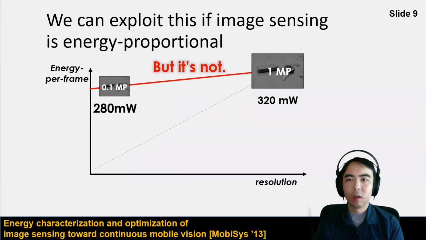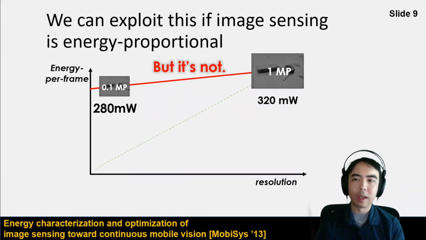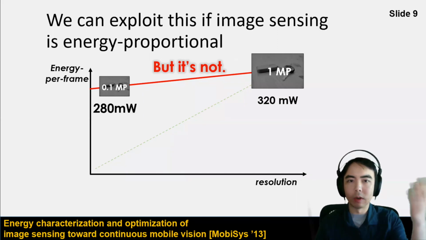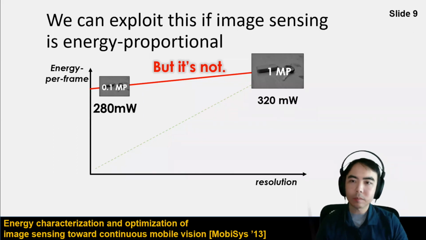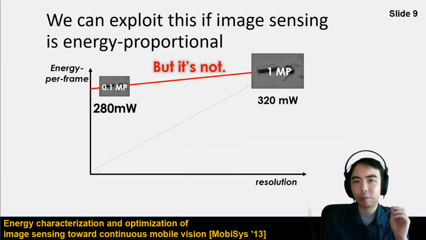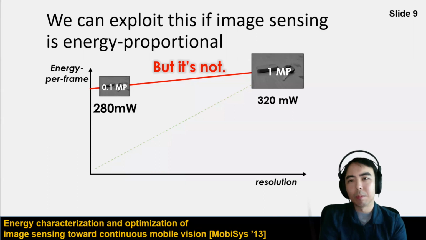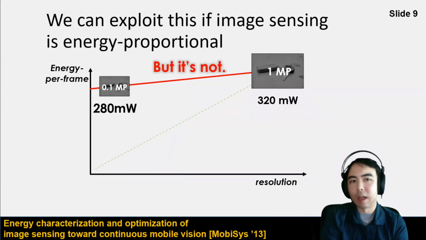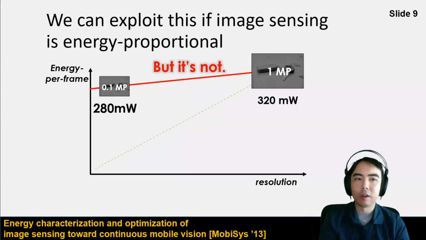We were doing 3 frames per second with the same sensor, same frame rate, capturing 1 megapixel versus 0.1 megapixels. You'd expect 1/10 of the power consumption, but it's not, it's much higher than that. And so we wanted to investigate why that might be.